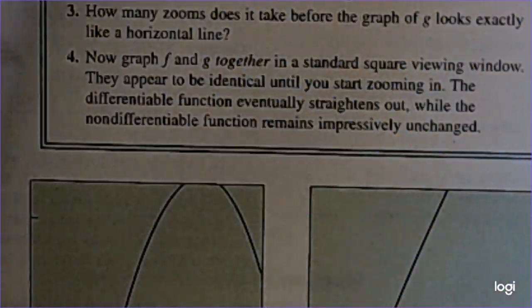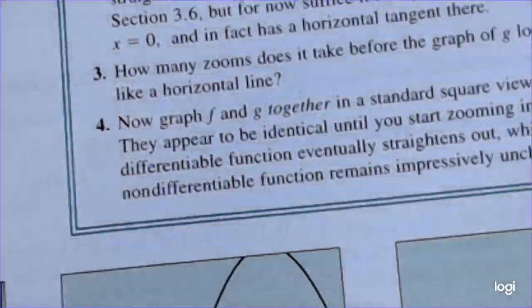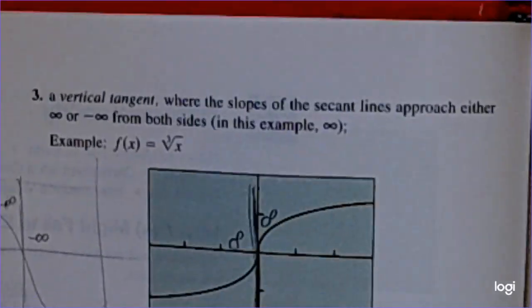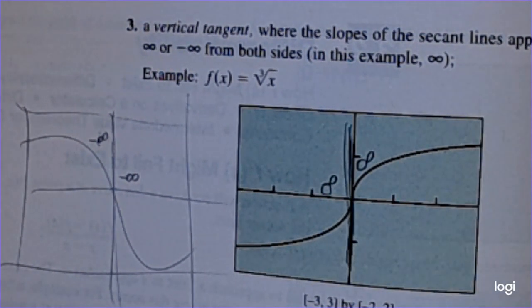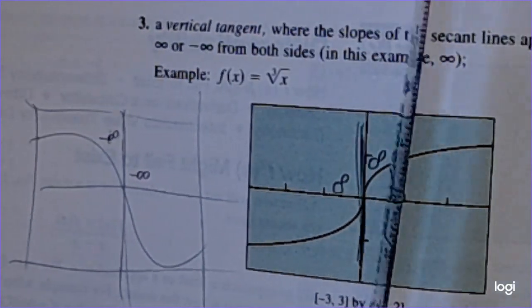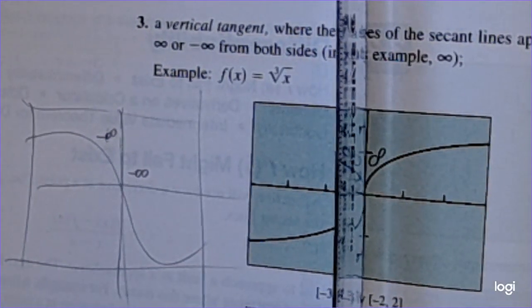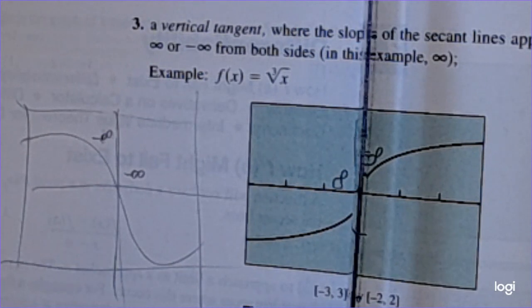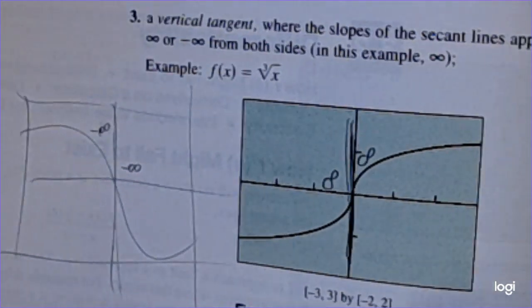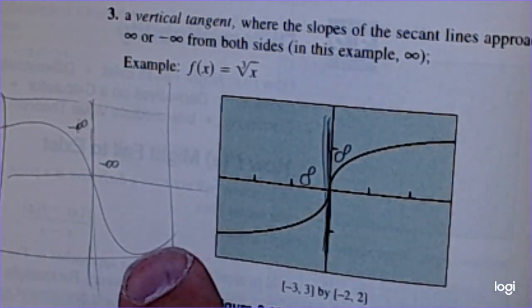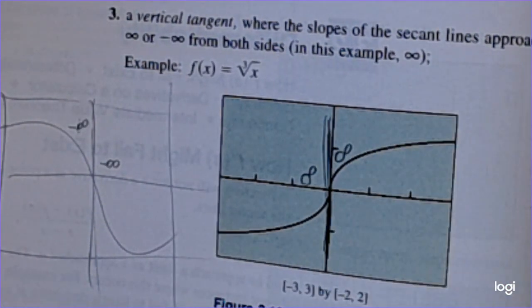Okay, next one. I actually had to draw another sketch on this page. This is where from both sides it seems to meet infinity. So pretty much any time your slope seems to go straight vertical, your function is probably not differentiable at that point. This is a little bit tricky because when we were learning about continuity, we said continuity is when we can draw a straight line.